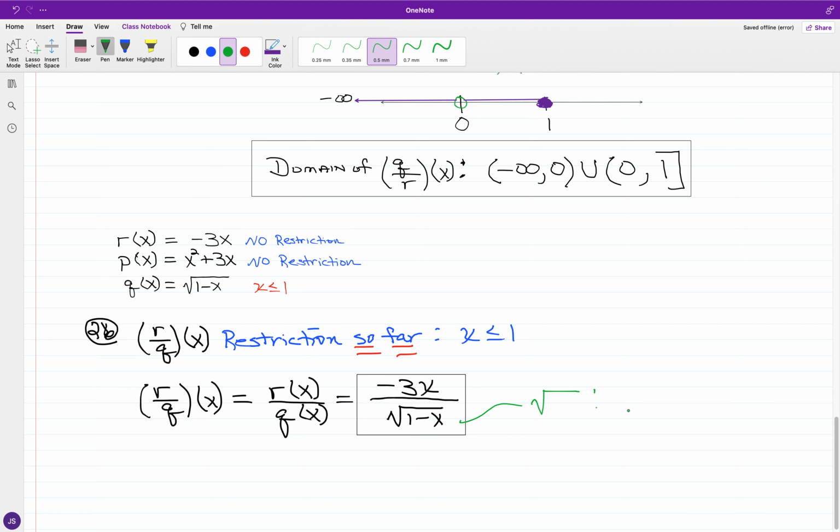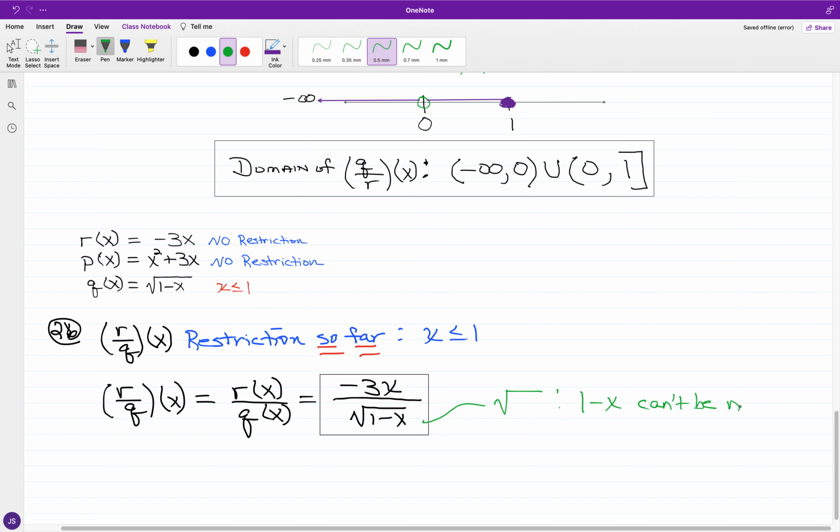And because we have a radical, 1 minus x cannot be negative. So that's just reaffirming x is less than or equal to 1.